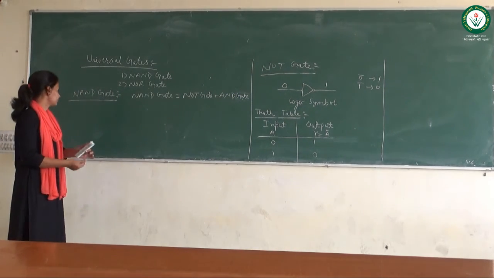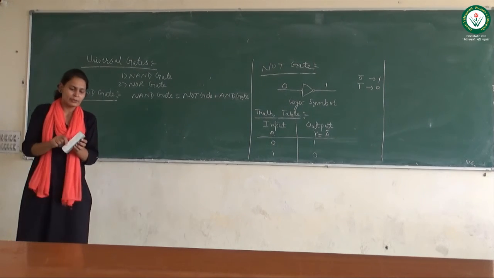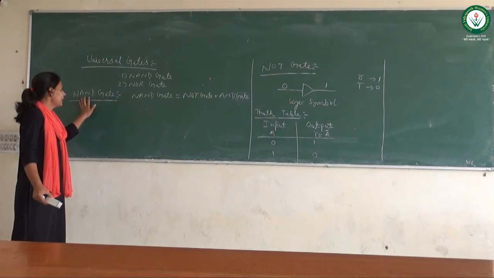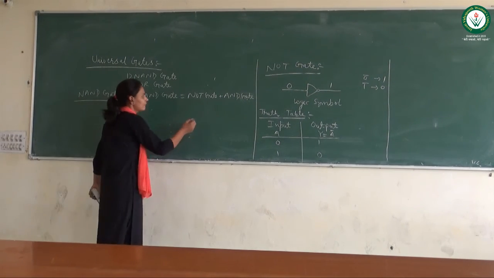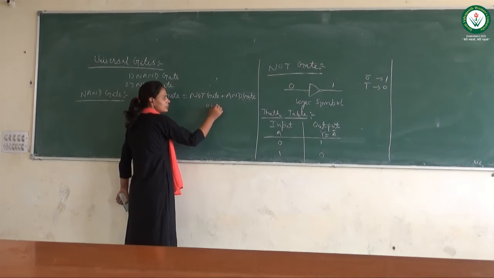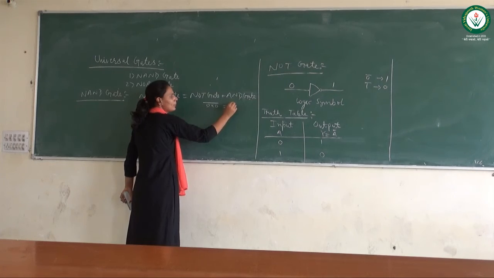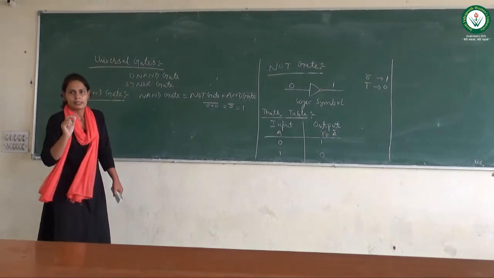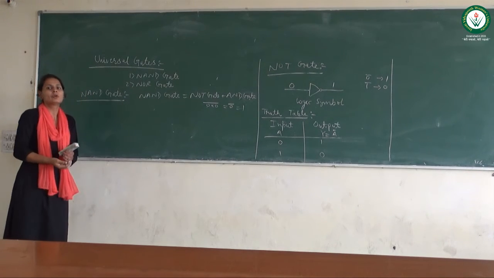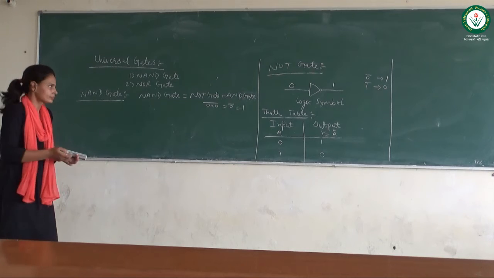It means that if the inputs of the NAND gate are 0 0, then the output of the NAND gate will be 0 into 0, then complement. 0 into 0 means 0, and the complement of 0 will be 1. In the NAND gate, the input bits will be multiplied and complemented.